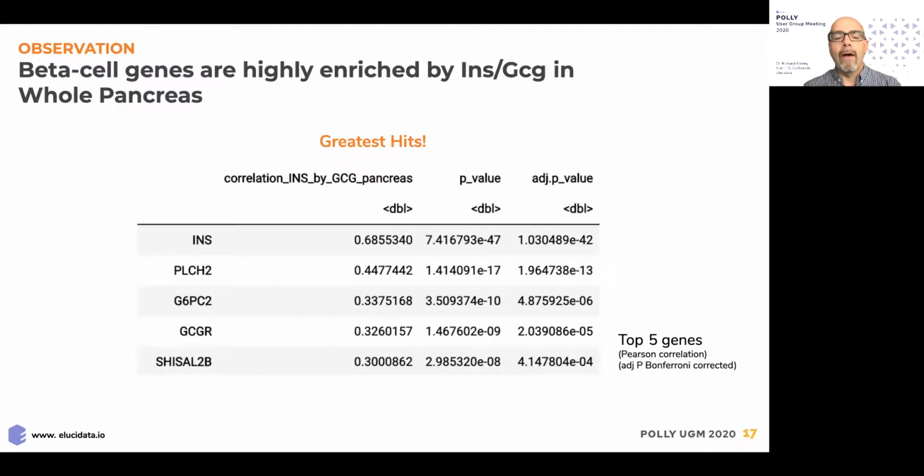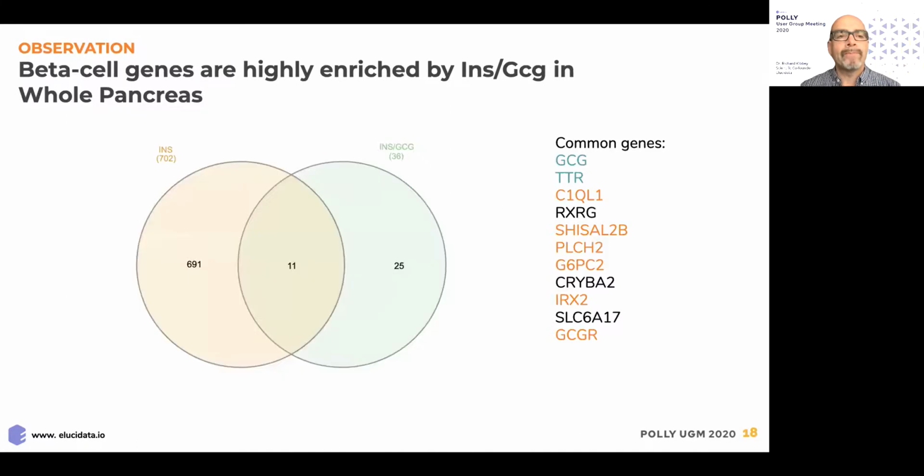And they have a significance, even with the Bonferroni corrections. So we think this is a great tool and a great strategy to being able to analyze data by inputting these dummy genes into the mix.